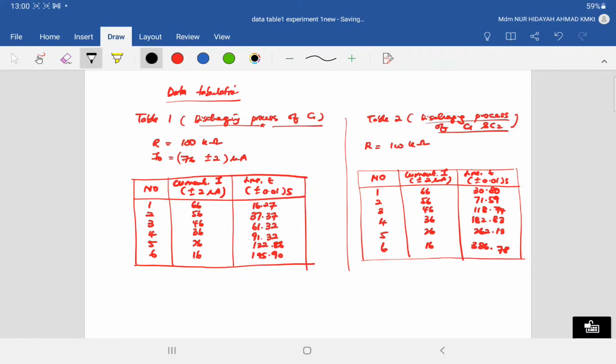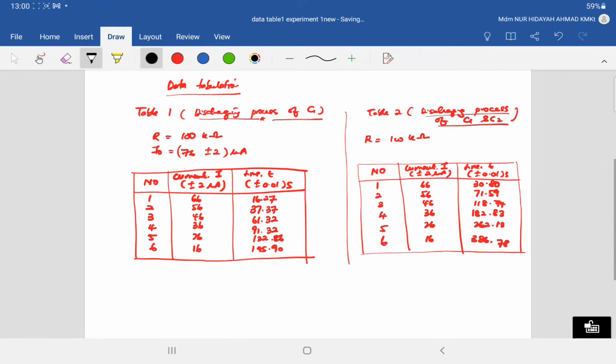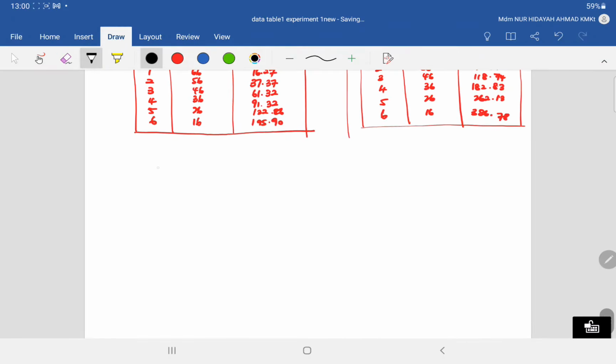So this is the data tabulation for the discharging process of C1 in table number 1, and table number 2 for discharging with C1 and C2. So we draw the table. Because it is discharging, our graph is negative.